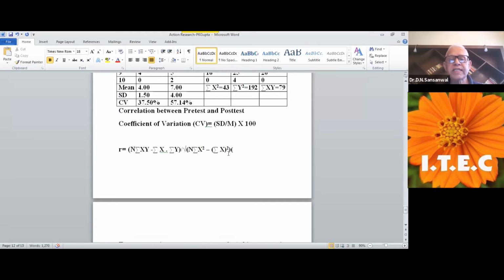So it is exactly the same thing. It is n, then you have sigma y.